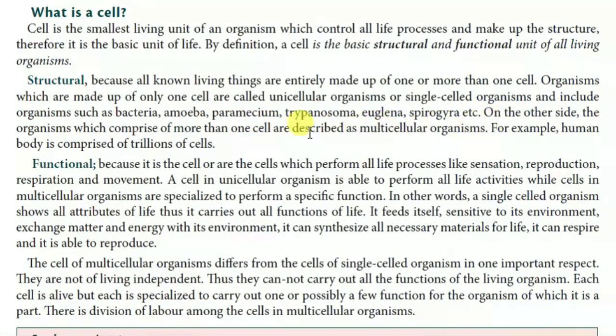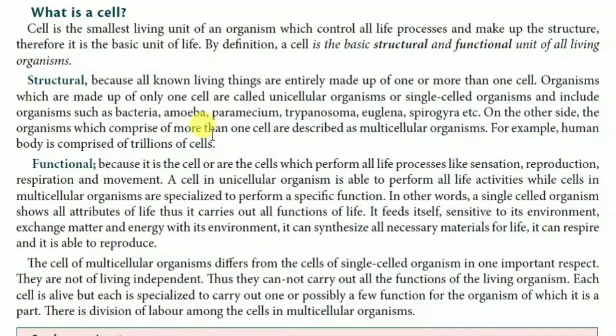For example, we have human bodies composed of trillions of cells. So kwenye structure ni kwamba kuna organism ambao wanakuwa na seli moja na kuna organism ambao wanakuwa na seli nyingi, lakini all living organisms are made up of either one or more than one cell.